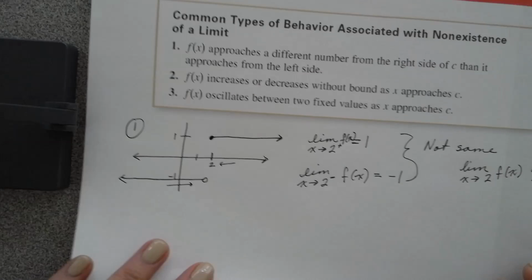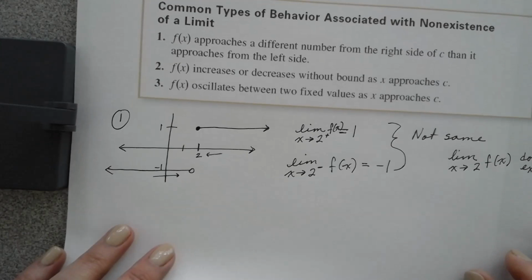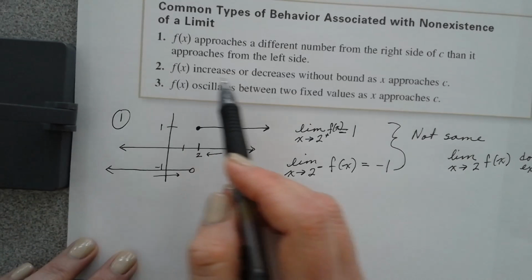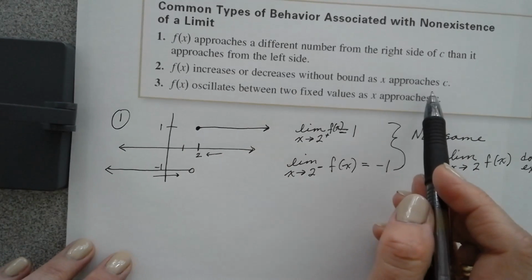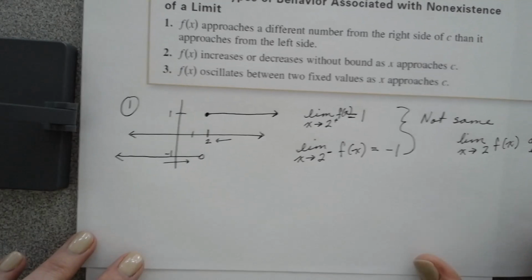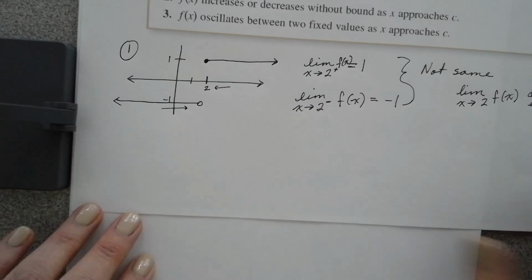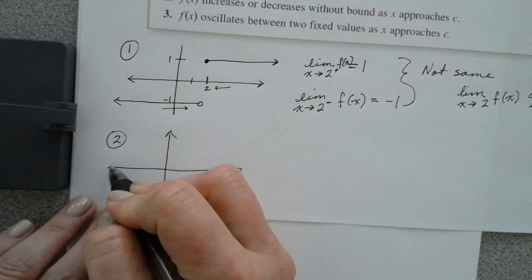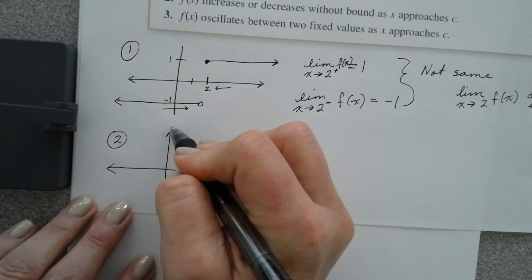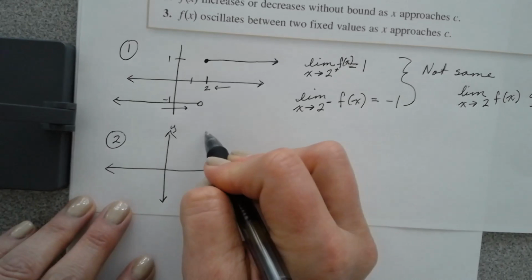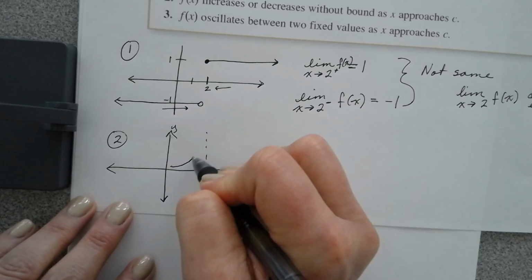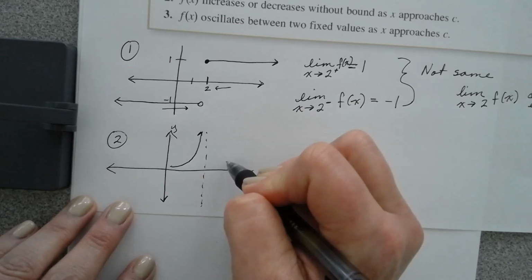All right. The second reason that it might not exist is that the function increases or decreases without bound as it approaches c. An example of that: if you have a function with a vertical asymptote, let's say there's a vertical asymptote here, and my function increases without bound.